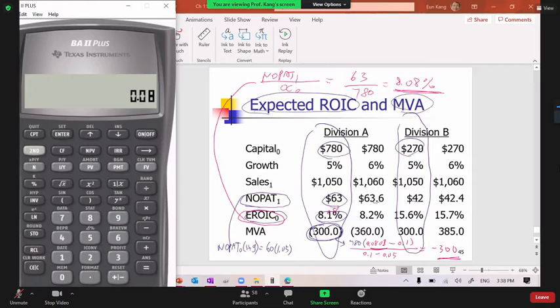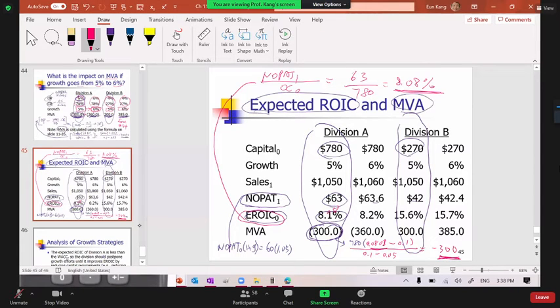If you use this one, just minus 0.1, then you are not losing any decimals, right? Times 780, right? Divided by 0.05, then you get exactly 300. So please carry those decimals as far as possible until the final answer, right? So then you'll get 300 like this.